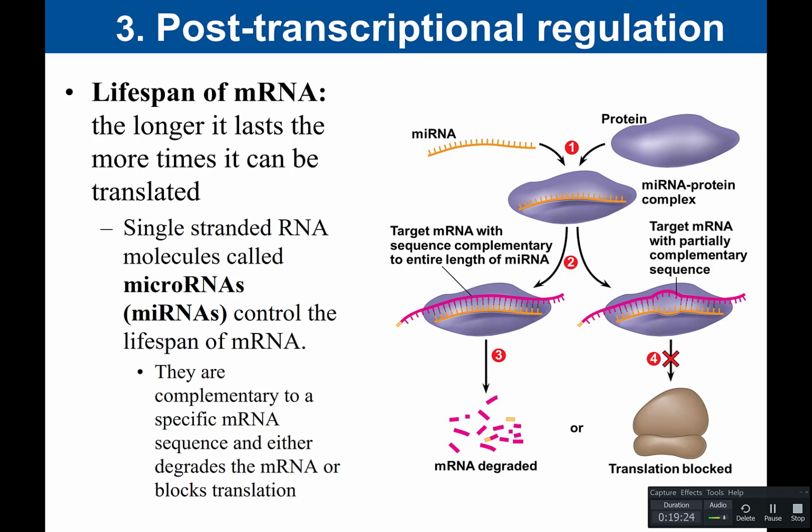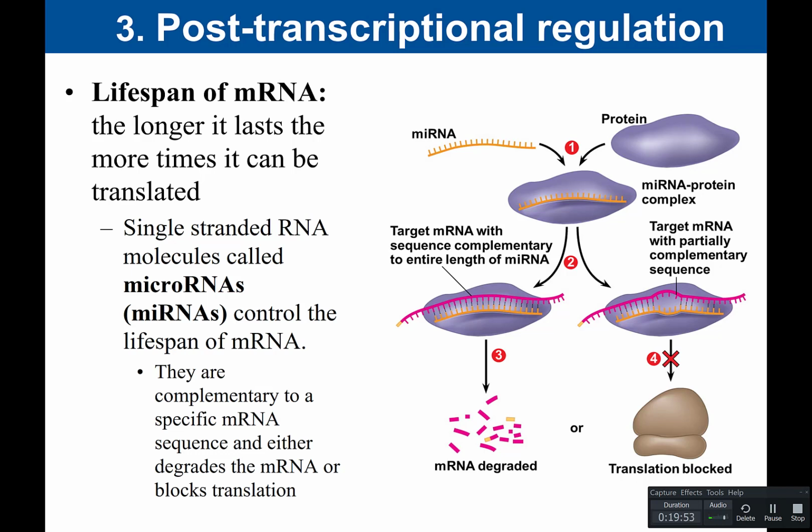So how does the cell regulate the lifespan of the mRNA? Well, single-stranded RNA molecules called microRNAs, or miRNAs, are used to control the lifespan of the mRNA. Basically, these act to signal and control whether that mRNA is going to hang around or not.